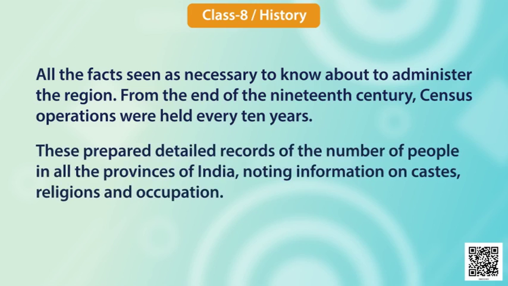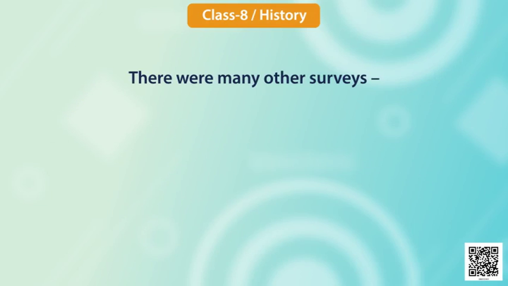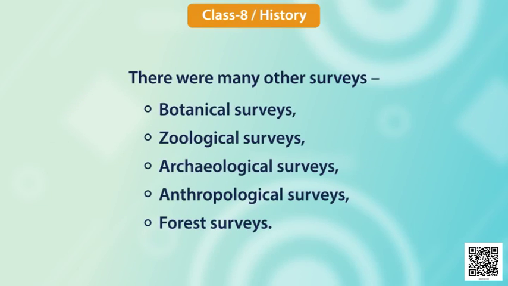These prepared detailed records of the number of people in all the provinces of India, noting information on caste, religions, and occupations. There were many other surveys, like botanical surveys, zoological surveys, archaeological surveys, anthropological surveys, and forest surveys.